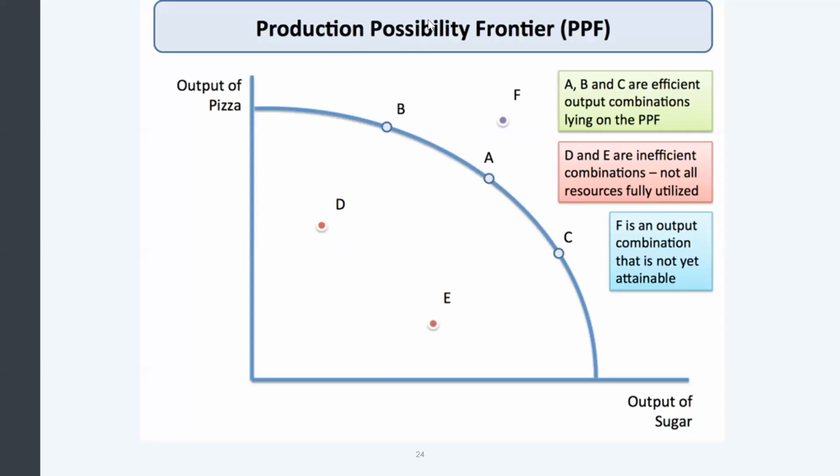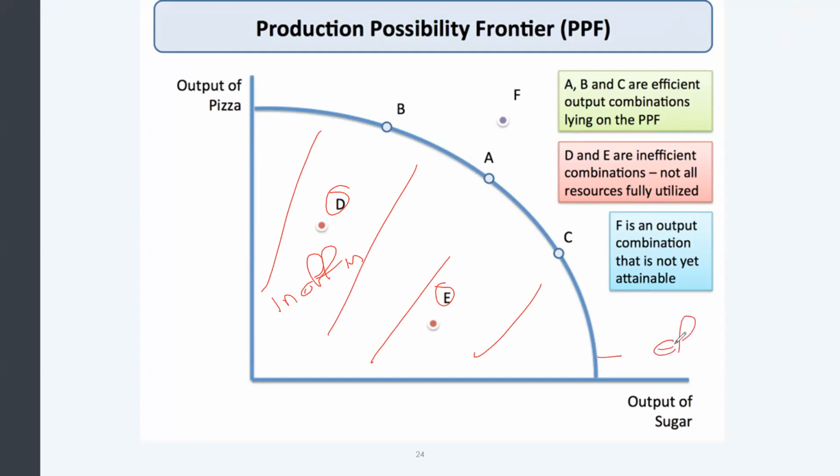So just to summarize what we're talking about, I've got a little something here. Point D and point E, these are what? Inefficient, because they are inside the curve. So anything inside the curve is inefficient. Point A, B, and C are efficient because they are on the PPC.